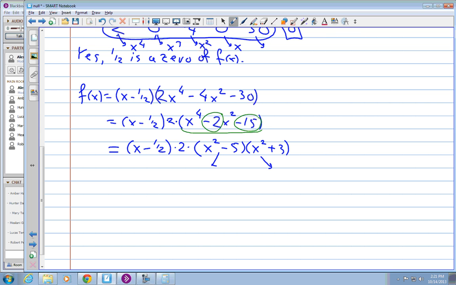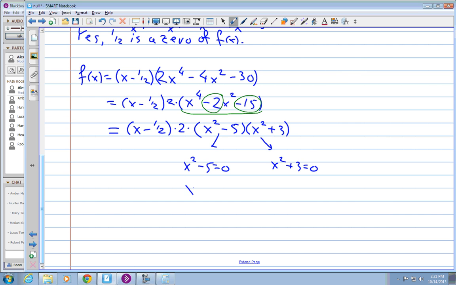If I set them equal to 0, x squared minus 5 equals 0, and x squared plus 3 equals 0, I'll get x squared equals 5, which means x equals plus or minus the square root of 5. So these are the two more zeros. Those are irrational zeros. They're not on our list.